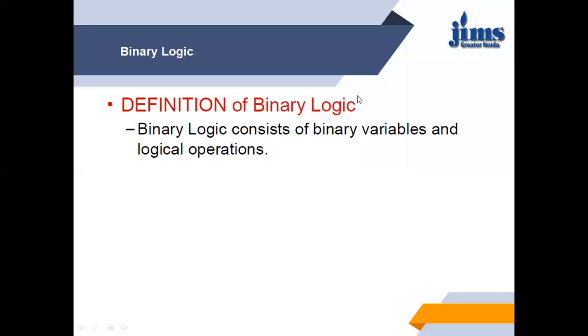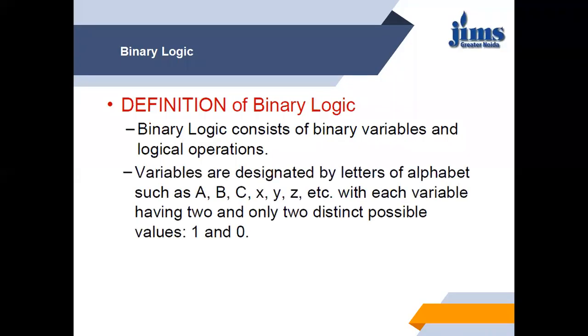Here all operations will be logical. We'll come to what the term logical means. Now, variables are designated by letters of the alphabet such as A, B, C, X, Y, Z, capital or small, with each variable having two and only two distinct possible values, either 0 or 1.